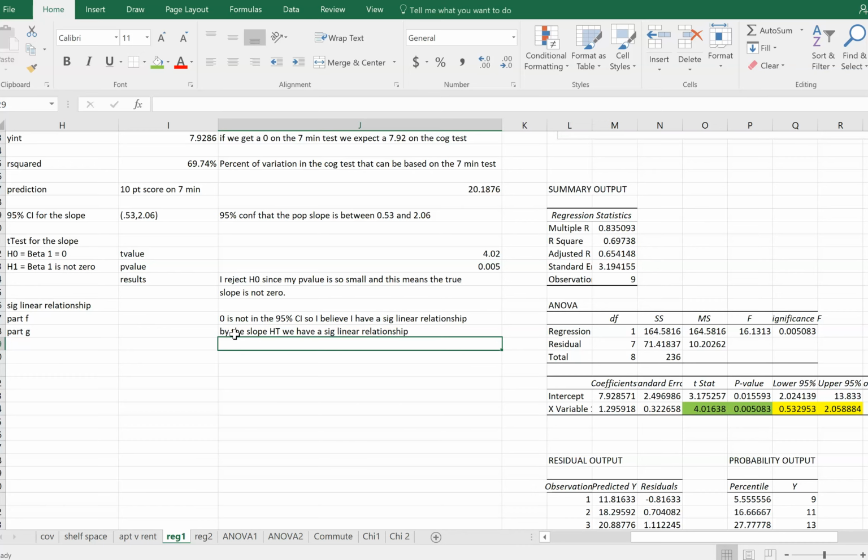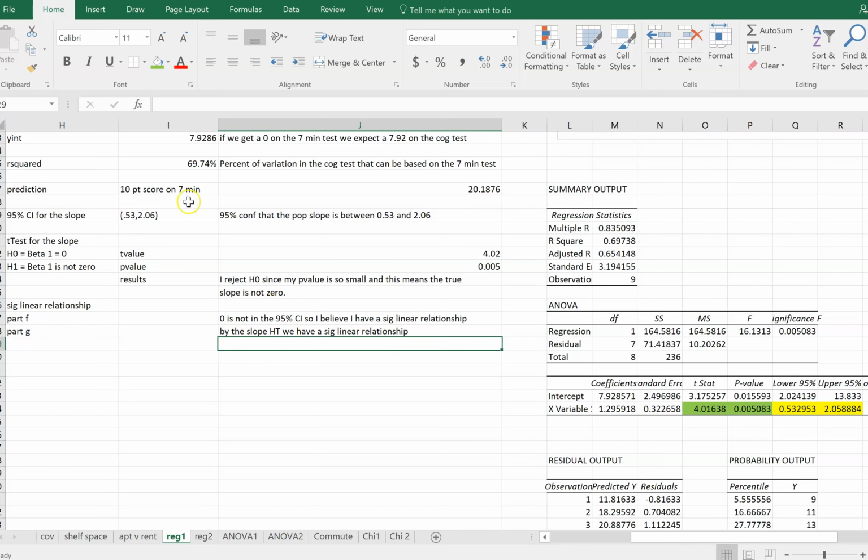But because I reject in my hypothesis test, this tells me I don't believe in H0, which means I believe the slope is not 0. If the slope is not 0, that means it's either positive or negative, and that means we do have a significant relationship between the x and y values.